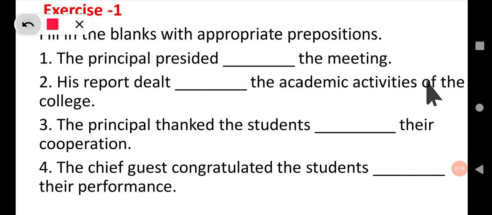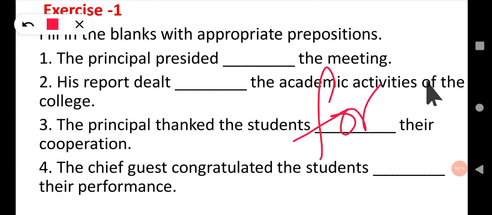Next one, the principal thanked the students dash their cooperation. Here it shows the relationship between the principal and the students. You thank someone for their help. Here also the principal thanked the students for their help.